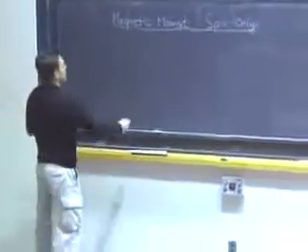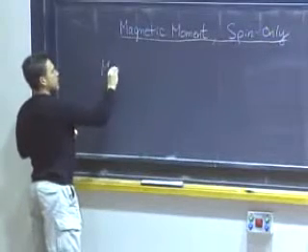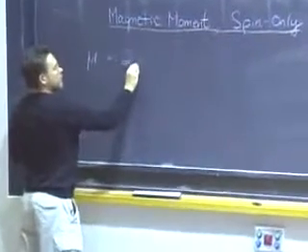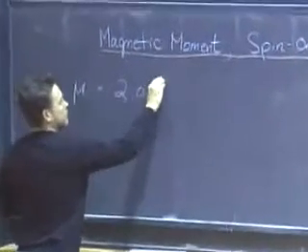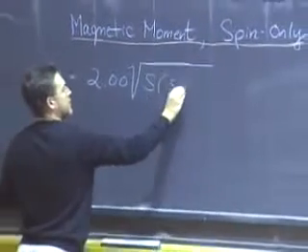And so the spin-only value for the magnetic moment is given by this formula, which is mu is equal to 2.00 times the square root of S times S plus 1.